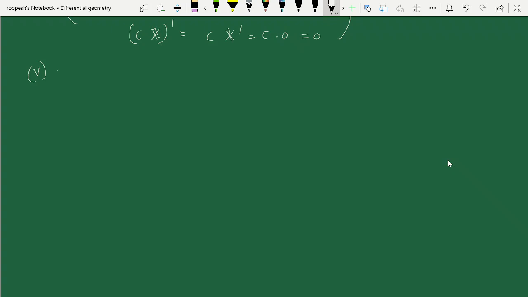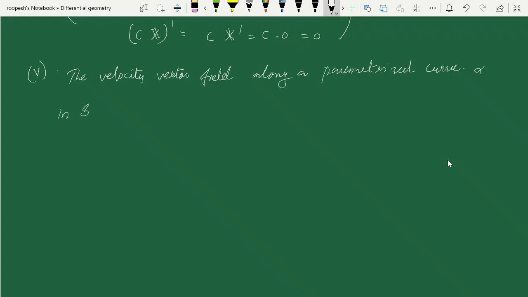And the fifth property: the velocity vector field along a parameterized curve alpha in S is parallel if and only if alpha is a geodesic.